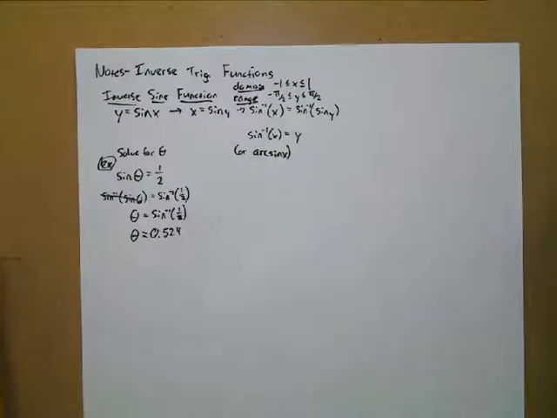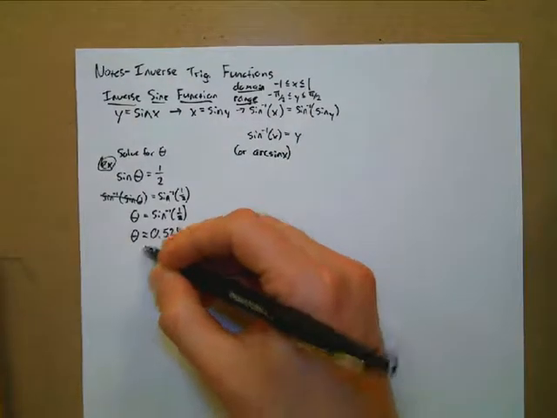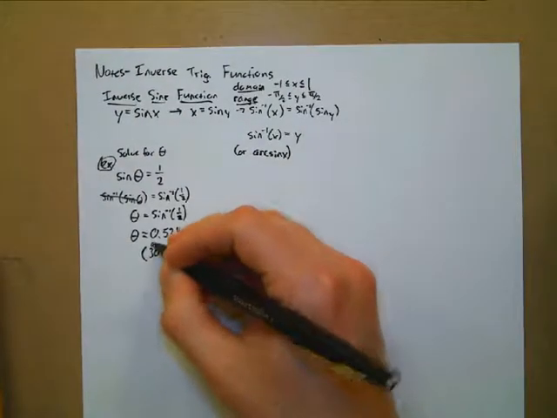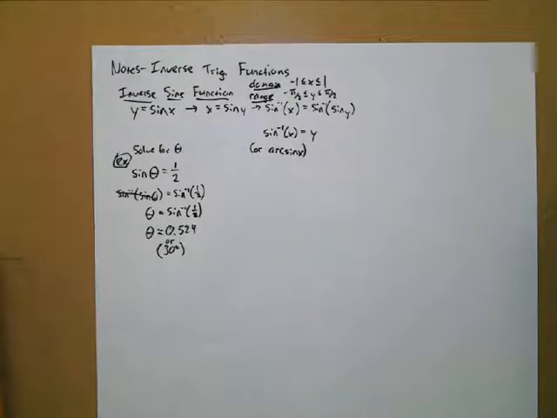Okay. But of course, some of you, we know our unit circle here. When you're solving for theta, you're asking the question, sine of what gives us 1/2? Remember back to your unit circle, sine of what angle gives you a positive 1/2? Well, it's going to be pi over 6. And so that's why this is 0.524, which is exactly pi over 6.